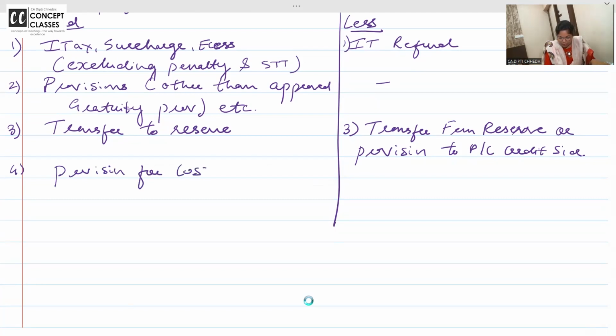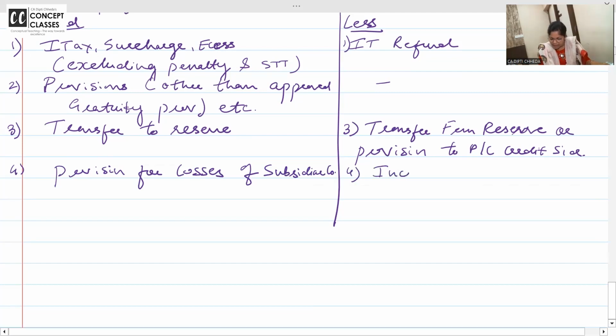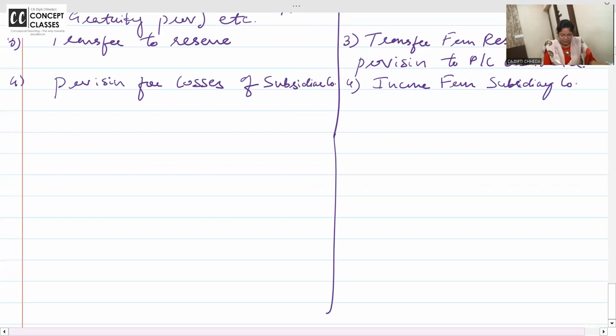for losses of subsidiary company. Subsidiary company के अगर losses हैं तो निकाल दो. Same way, income from the subsidiary company. Remove it if any. This is just for your mindset.